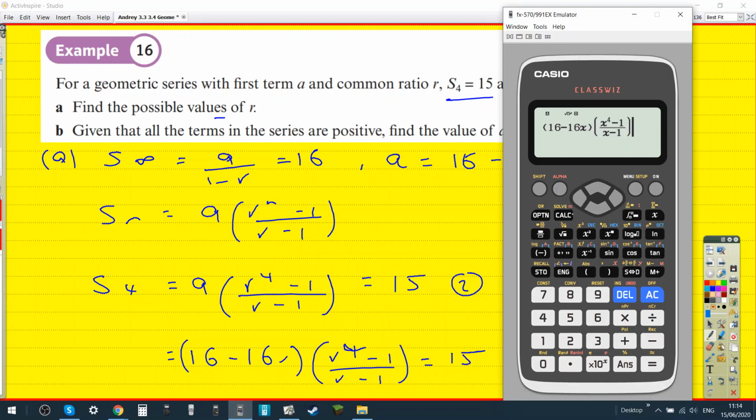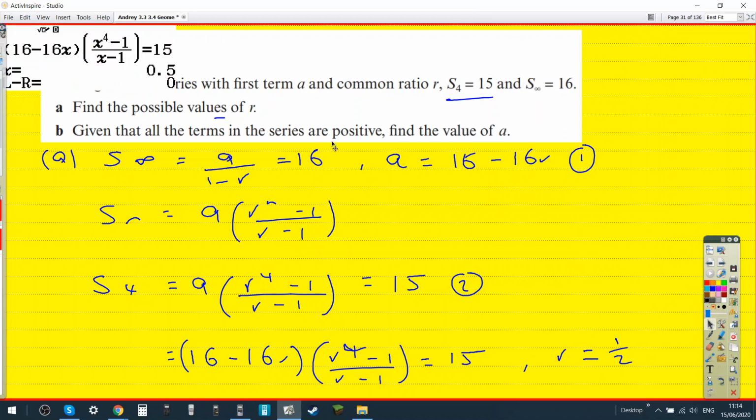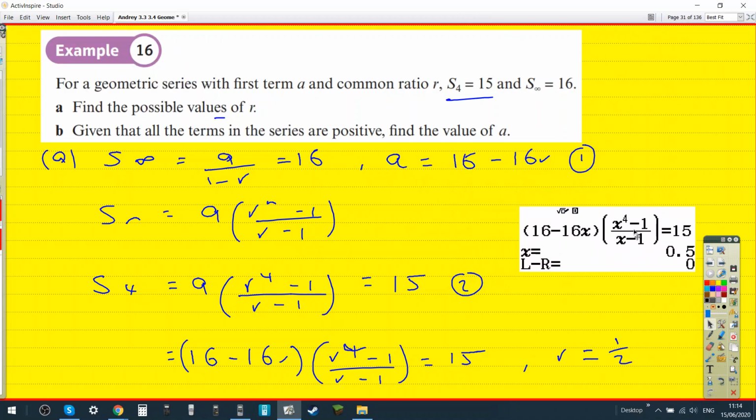That's because it's got R to the power of 4. Should I do the thing where you make x equal to minus 999 or something? We can try it. I've got minus a half. Great.